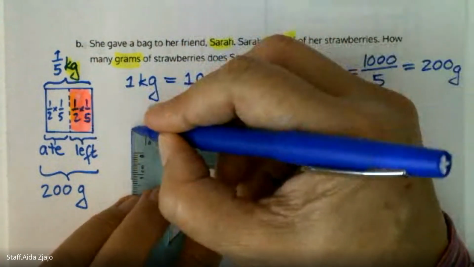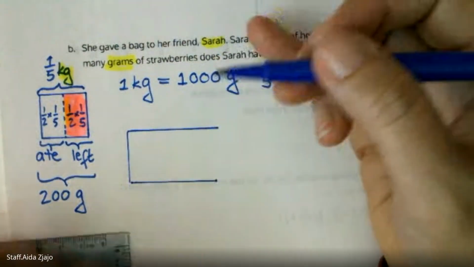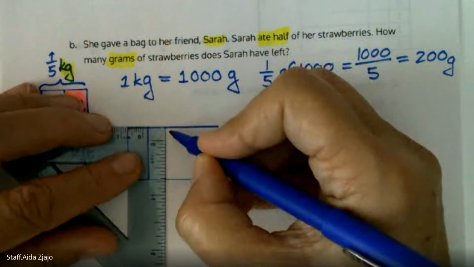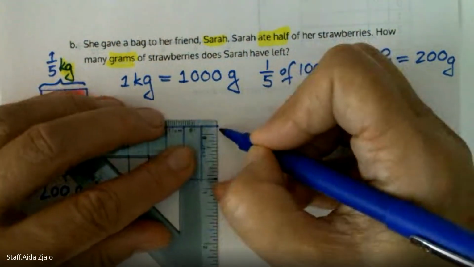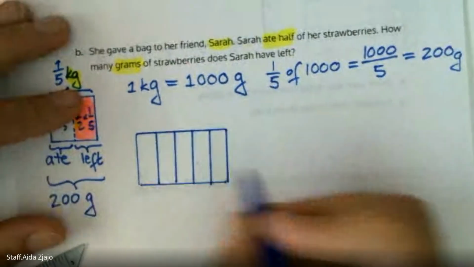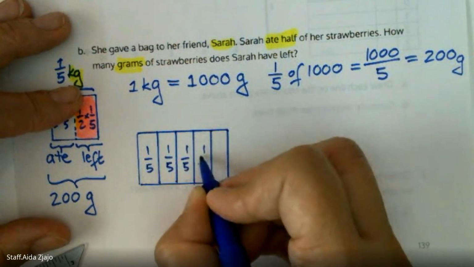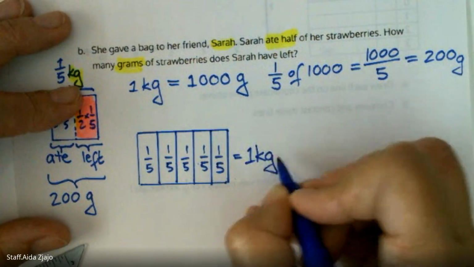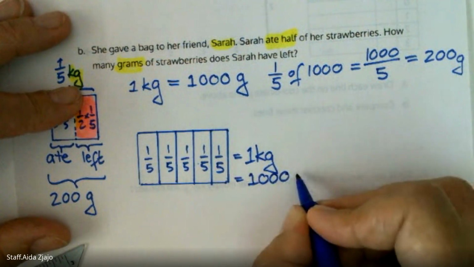Imagine I have an open rectangle, and these were Michelle's strawberries: 1, 2, 3, 4, 5. 1/5, 1/5, 1/5, 1/5, 1/5 equals 1 kilogram or 1,000 grams.